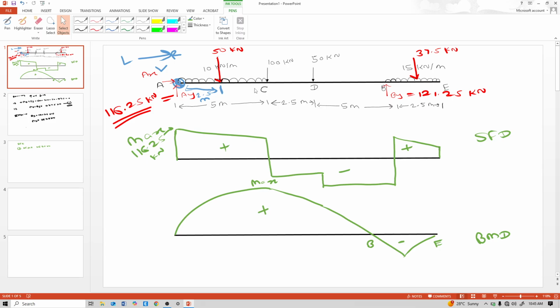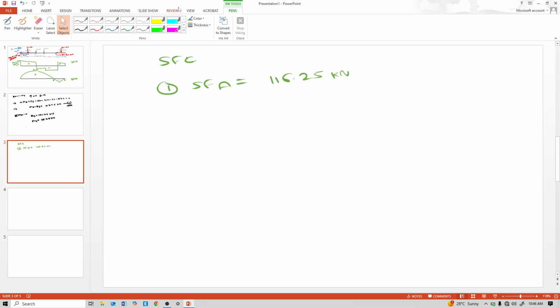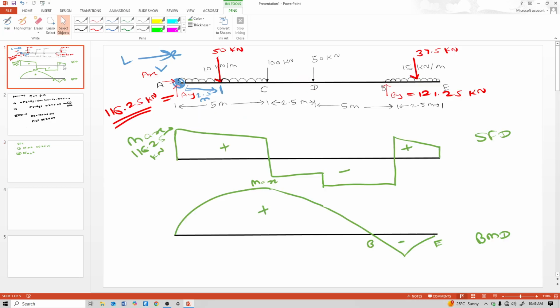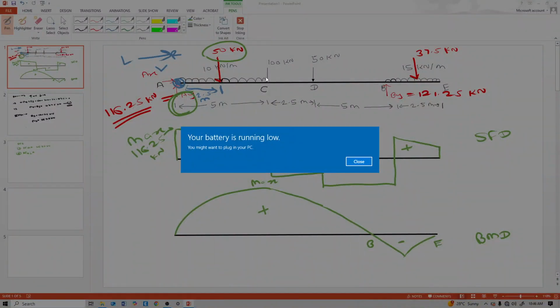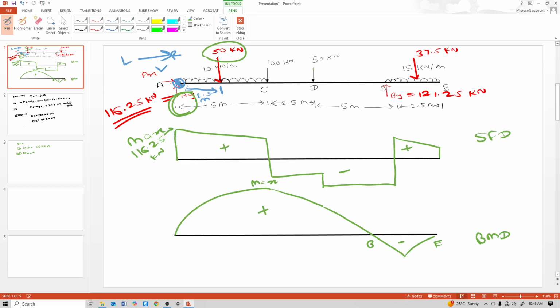Now calculate shear force just left of that point C. So shear force at C just left of that. For that, see, this reaction is upward and this force goes downward.